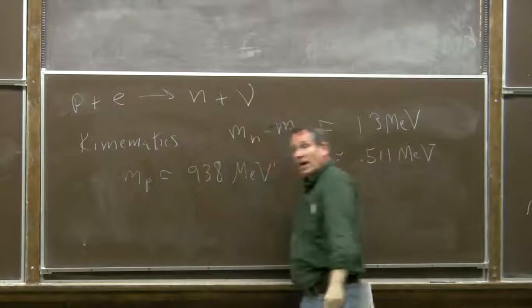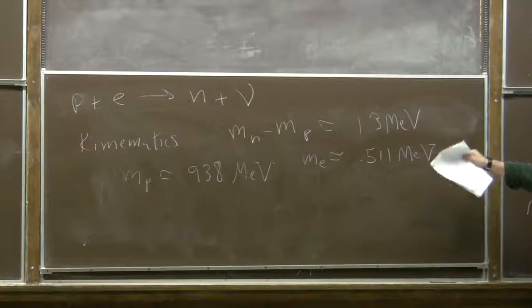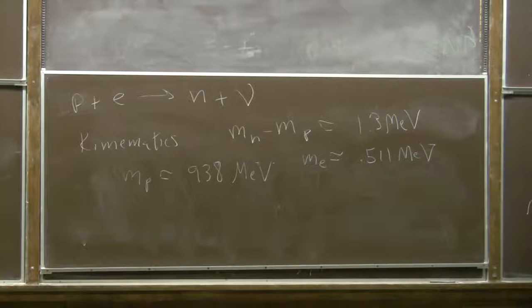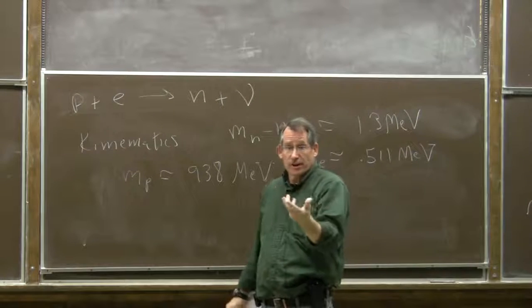Okay? So why can it happen in this very dense star? It doesn't happen in ordinary hydrogen here on Earth. Well, the point is that once we have this highly degenerate electron gas, the electrons have a huge amount of kinetic energy when they're in the gas, right?